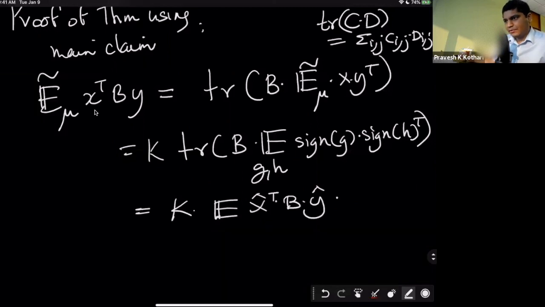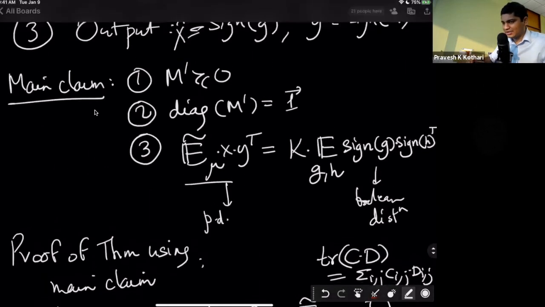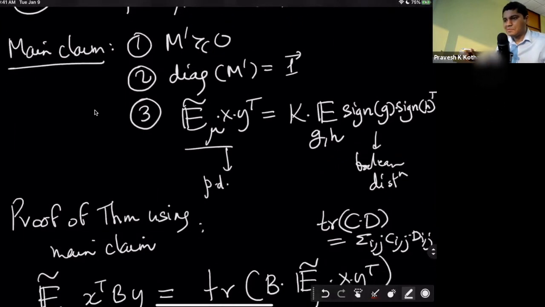And so you see, we are done, because we have proven that the rounded value is at least 1 over K of this pseudo distribution's value. So all the action is really in proving this main claim.